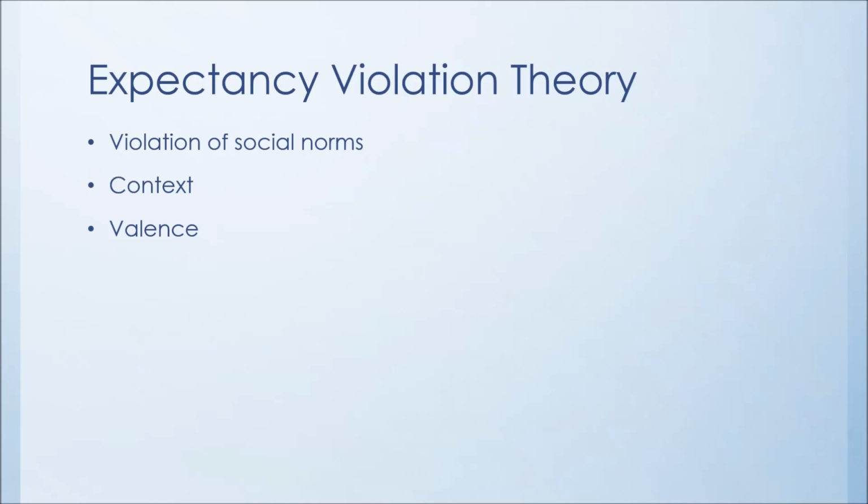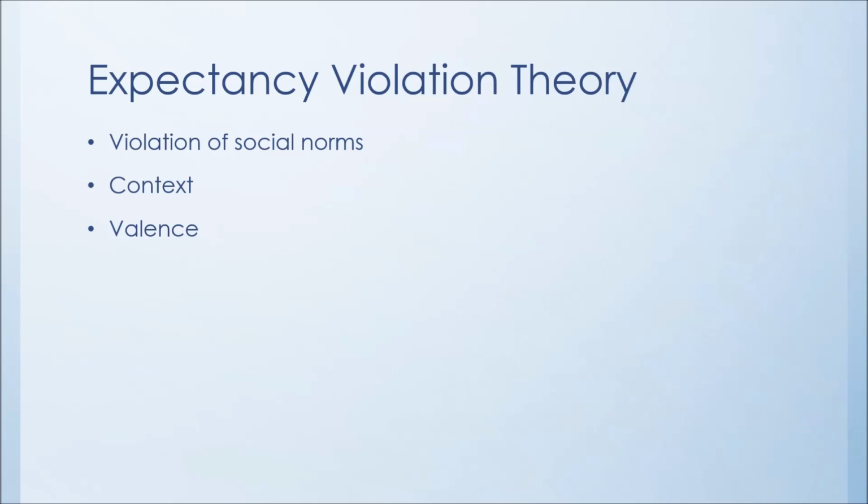The other thing we consider is the valence, and valence of the violation means how bad is it? How good or bad is it? It might only be slightly off the norm, or it might be very, very far from the norm. So we think about the context it happened in and how far from the norm it is when we assign a meaning to it.